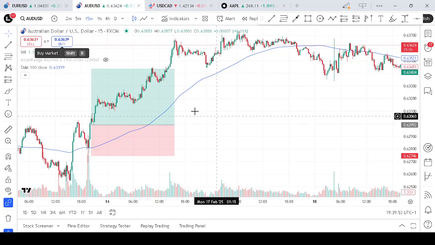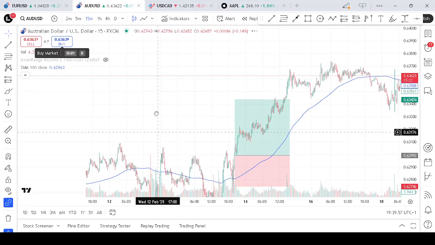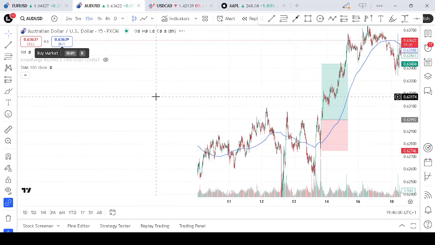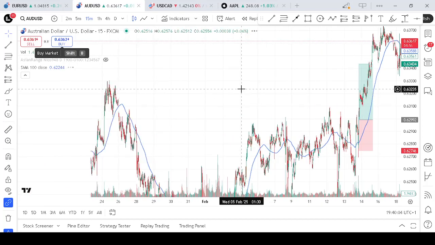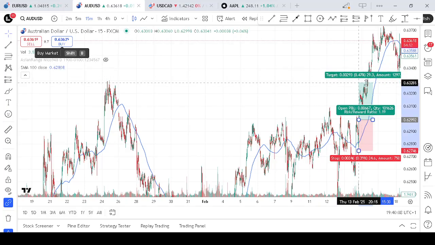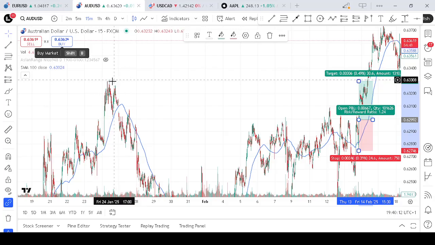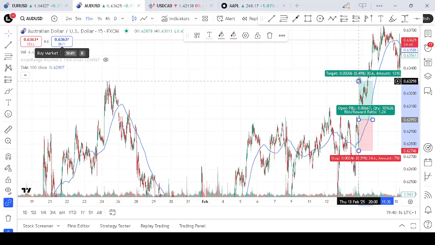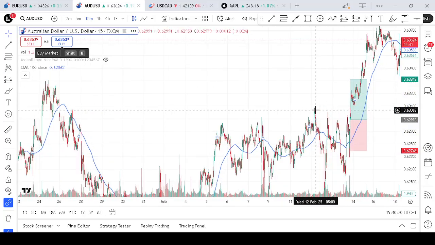We can also decide to take profits at a previous swing high or previous areas where price has reacted from in the past. Like, see this area here, we can take profits at the previous high area. This area here is the previous high, reacting from where we expect price to get there, and we take profits at such area.